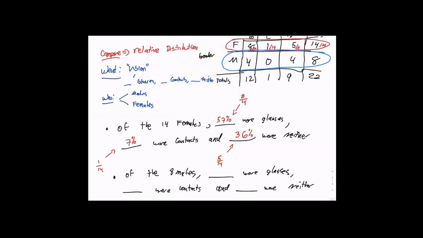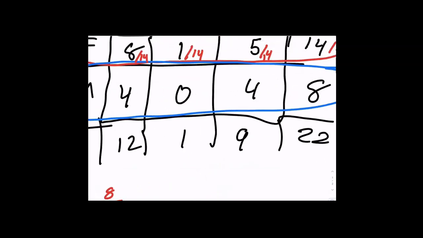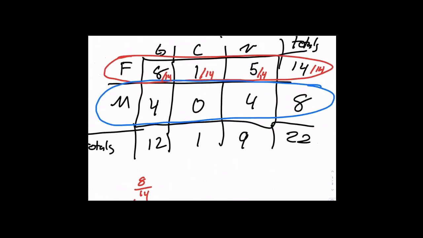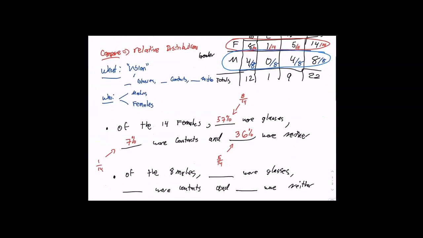All right. What am I going to divide each of these by? By 8, by 8, by 8, by 8. And I can do that math in my head. I have to make sure that when I do these, they add up to 100%. That's very key.